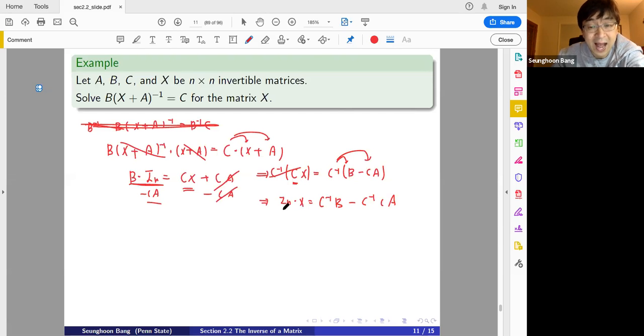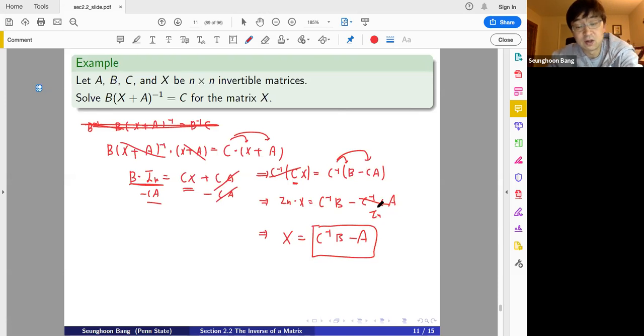So what's I_N times X? Just X. Matrix X is inverse of C times B, and C inverse of C changes to I, times A is just A. That's it. X equals inverse of C times (B minus A).